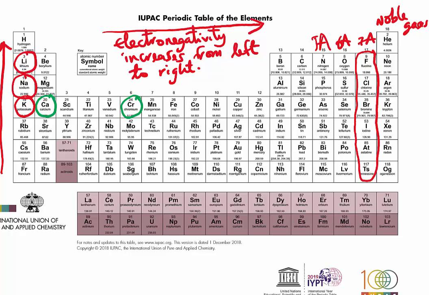And let us take a look at group 7A, the group of the most electronegative elements. Fluorine is the most electronegative element in this group because electronegativity increases up the group. Actually, fluorine is the most electronegative element in the periodic table.